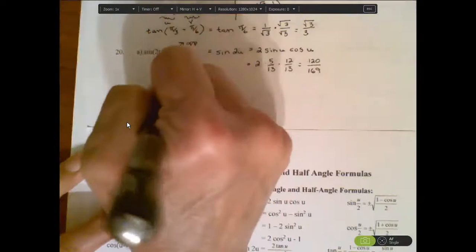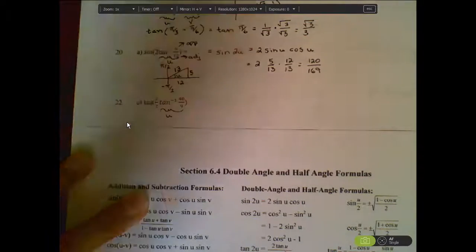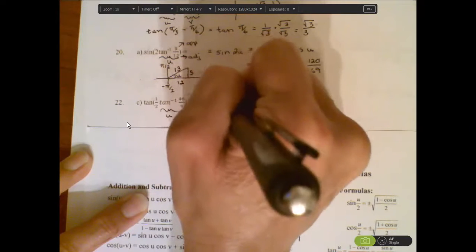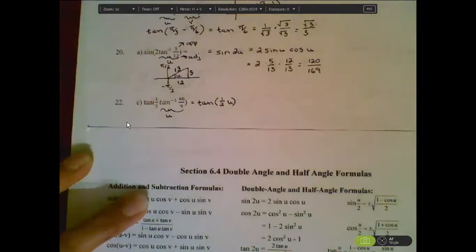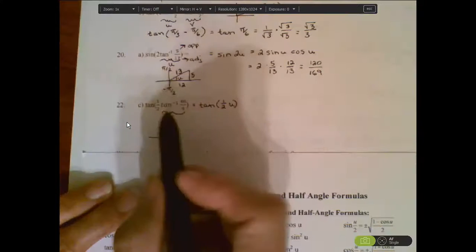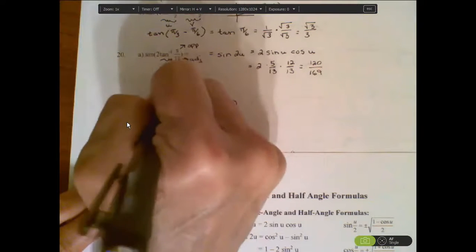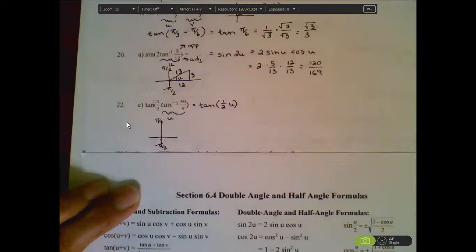So I'm just going to call that some angle u, and I'm going to find the tangent of 1/2 u. I need to draw a triangle. It's going to be in the first quadrant because between negative pi over 2 and positive pi over 2, first quadrant is where tangent's positive.